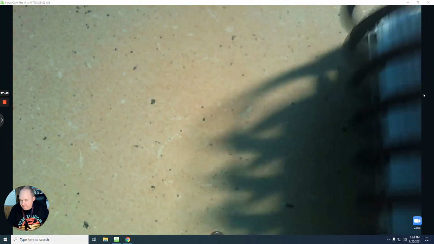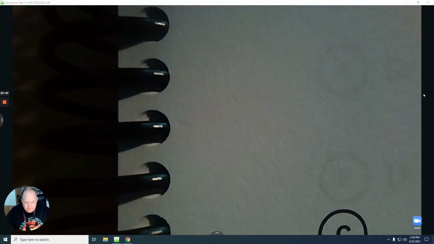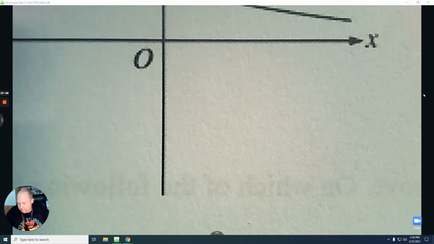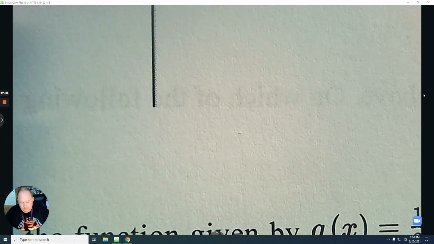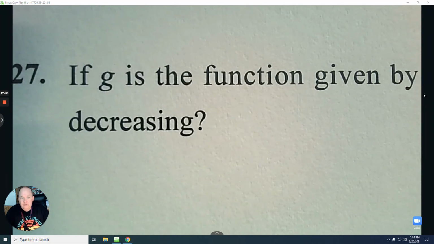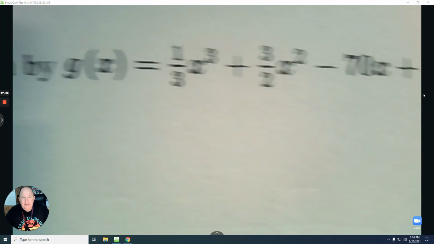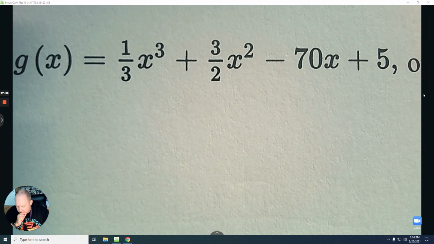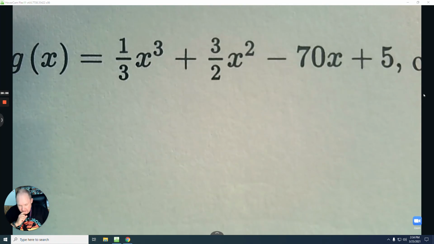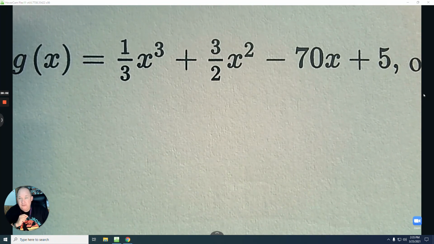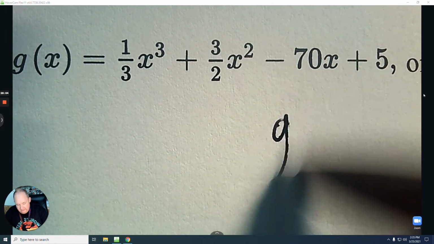27. In number 27, if g is the function given by that, there it is, on which of the intervals is g decreasing? So I need to take the derivative.